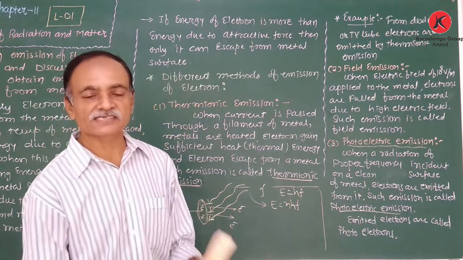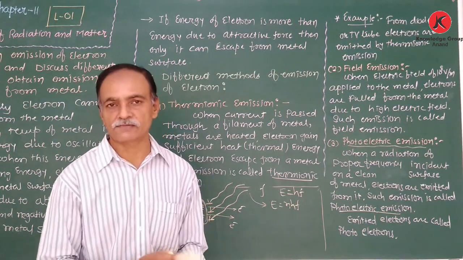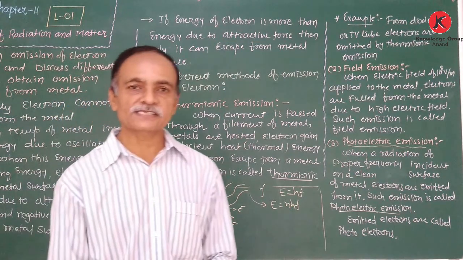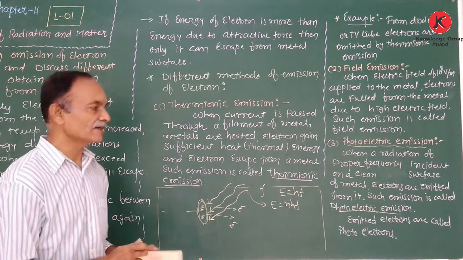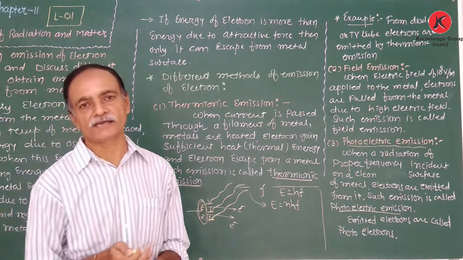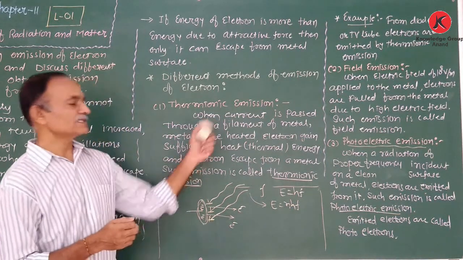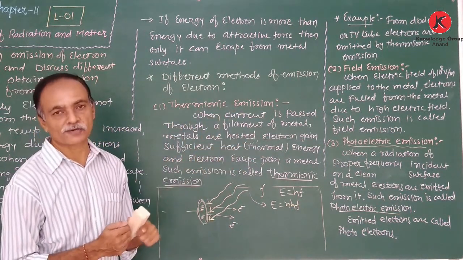So how does the emission of the electron take place from the metal? In the beginning we discussed that the electron cannot escape from the metal itself. When it gains sufficient energy, much more than the binding energy, the electron can escape from the metal. Here are three different methods for emission of electrons. One is thermionic, second is field, third is photoelectric.